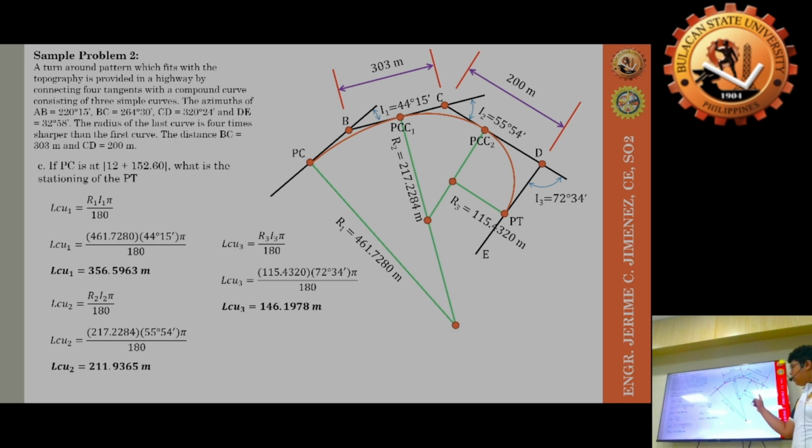So to get station PT, we have station PC plus LC1 plus LC2 plus LC3. So what is station PT? Mali.